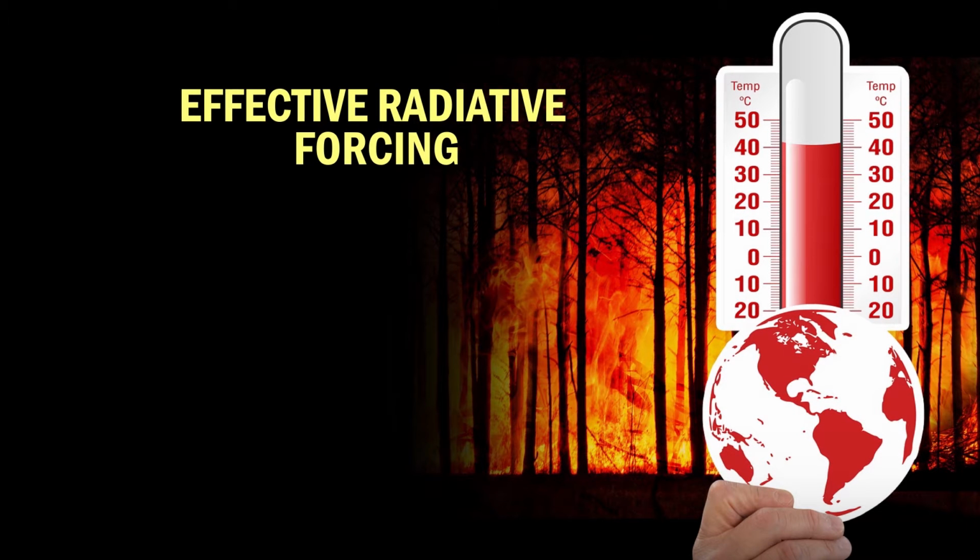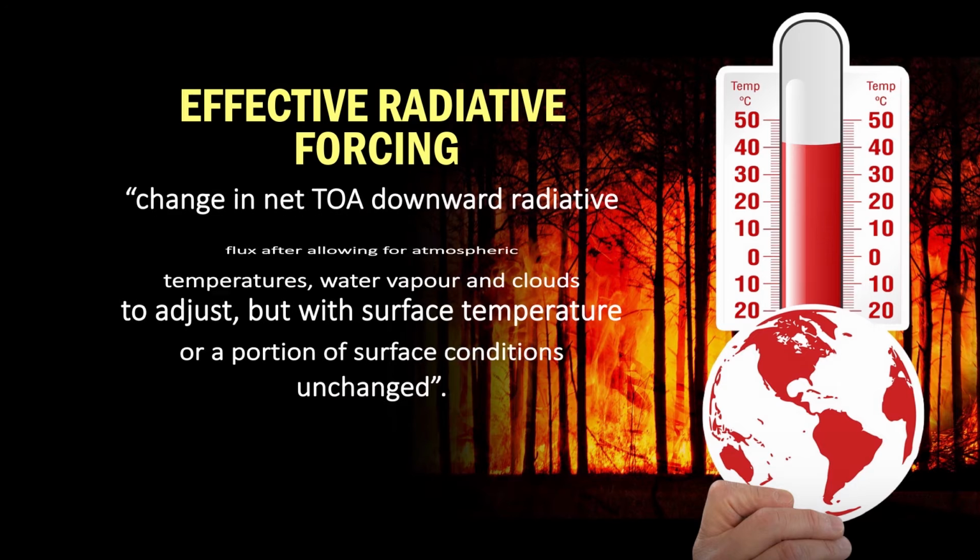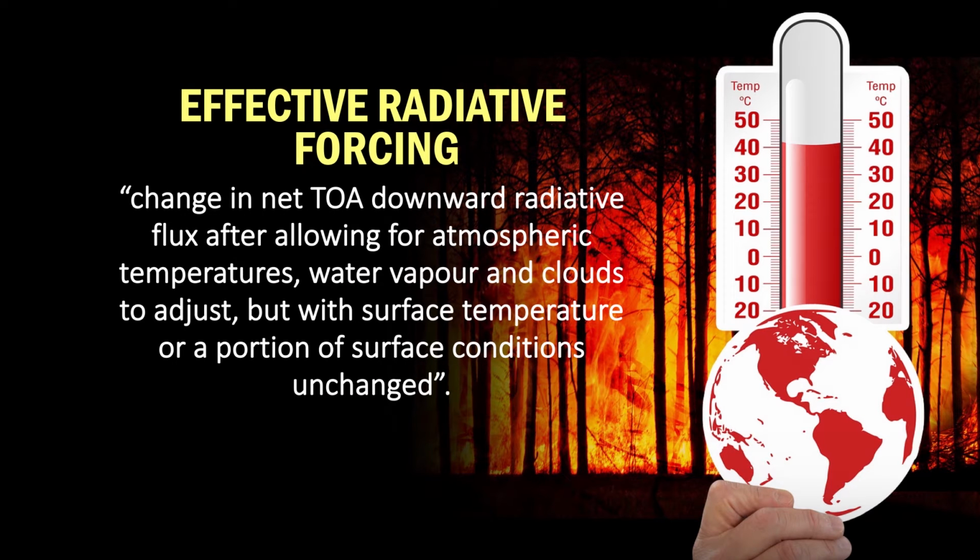This effective radiative forcing is the change in the net top of the atmosphere downward radiative flux after allowing for atmospheric temperatures, water vapor and clouds to adjust, but with the surface temperature or a portion of surface conditions unchanged.